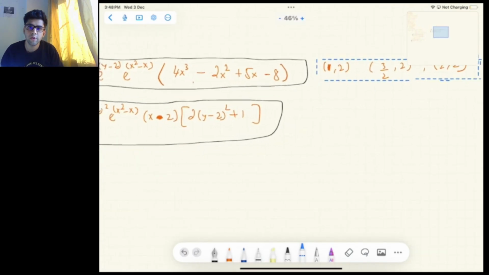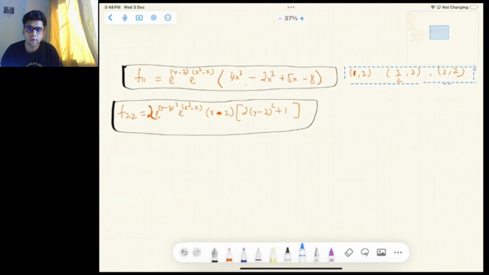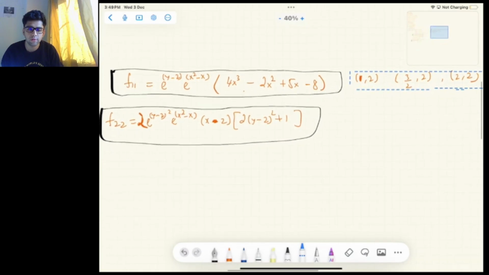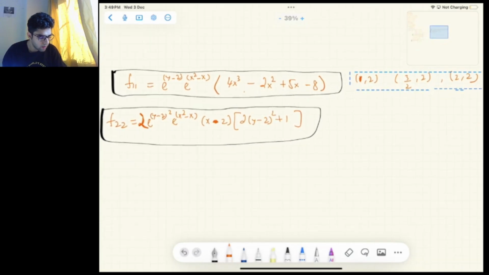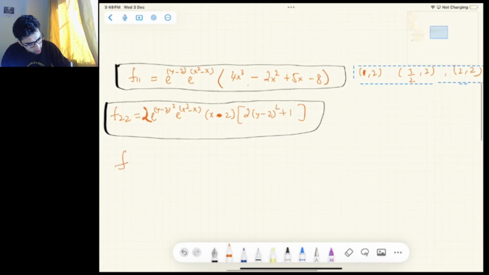So these are my stationary points, right? Now I need to substitute these stationary points in my expression. So f of 1 1.